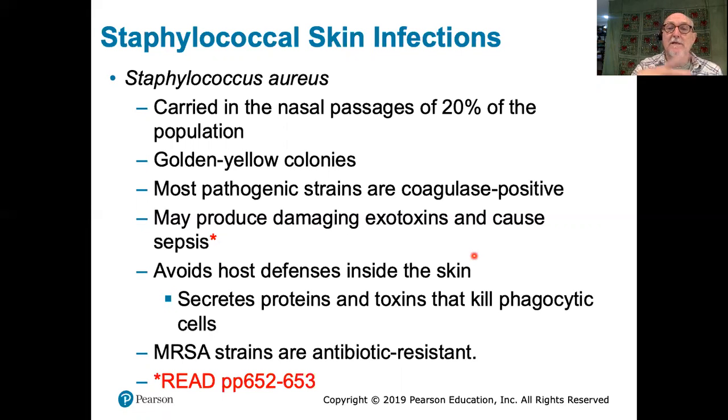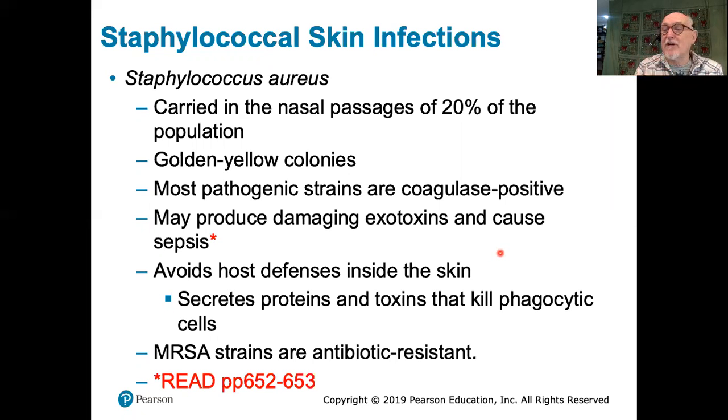The capsular material around the cells enables these strains to evade immune response. But those capsular materials themselves may also be toxigenic. They may be part of the virulence factor.